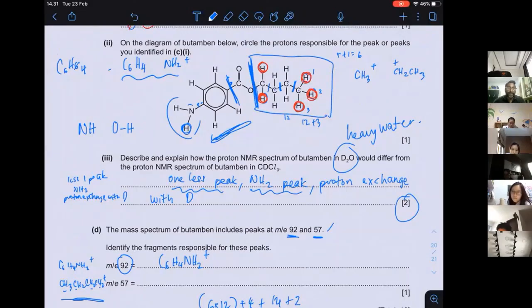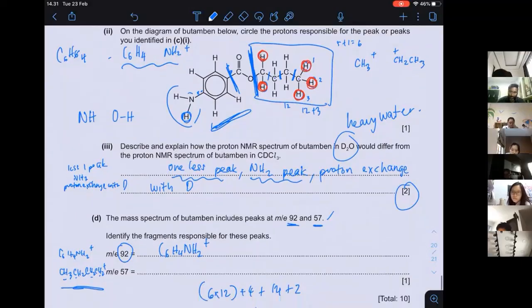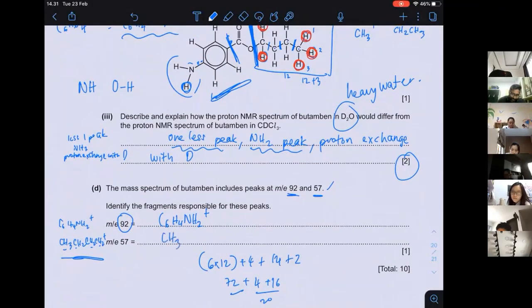You can calculate yourself. When you do that, you will get 57. So this is going to be CH3CH2CH2CH2 plus. Do remember you need to put the plus there. So that is the m/e of 92 and 57.